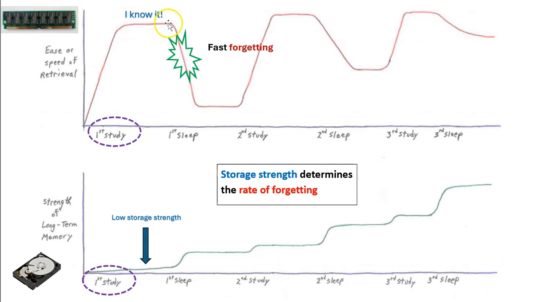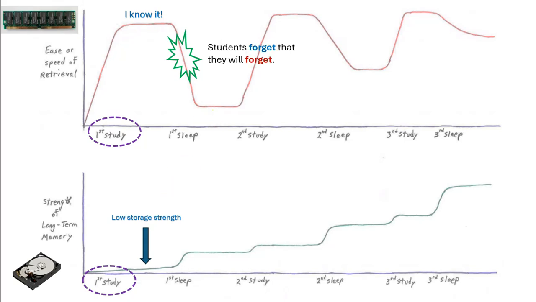So when we finish our study session and then, for example, go to sleep, it often happens that the next morning we cannot remember what we were studying the night before. And this is a feature that we need to understand about our memory systems. The short-term memory system and the long-term memory system are different, and we don't want to confuse the two. It's as if students forget that they will forget.